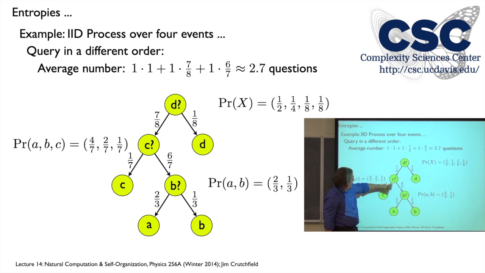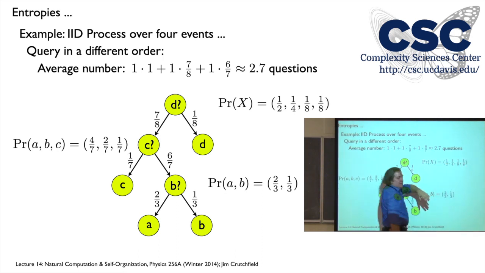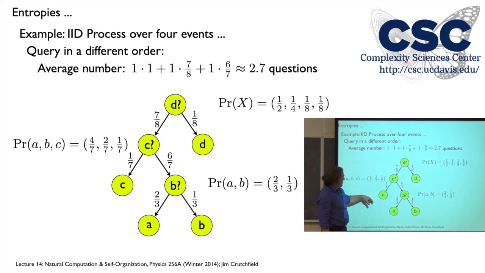So then what do I ask? Oh, C, okay. Well, now that I've gotten rid of D, it's not D, I have a new distribution over A, B, C, and I renormalize it, I sum this up and divide through. From that you can see that if I ask C, I'm doing the same silly thing as before. I'm picking a subset that has the least likely event. So I'll be right 1/7 of the time and wrong 6/7 of the time.